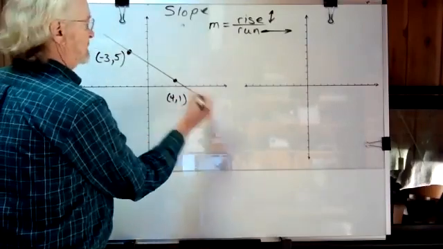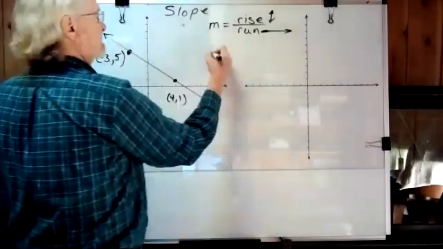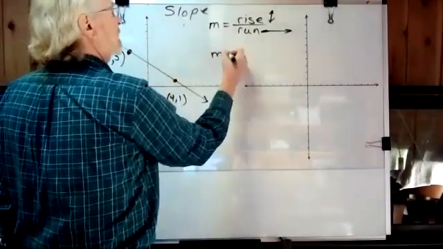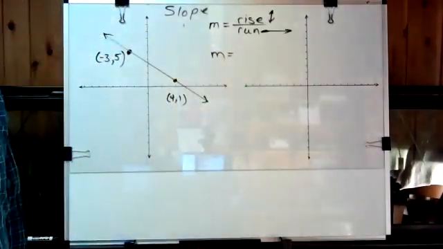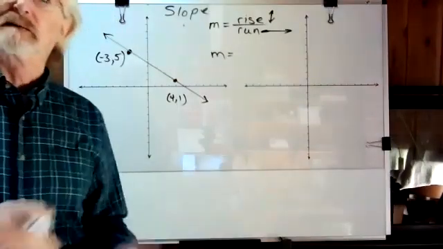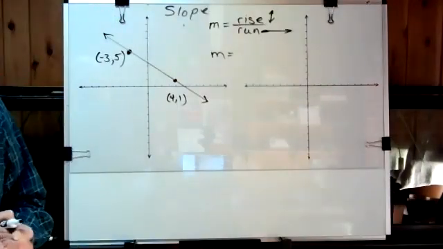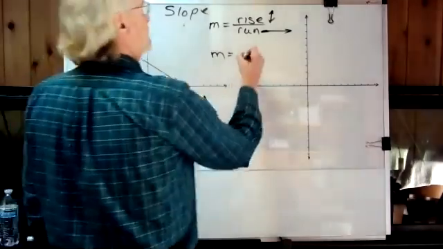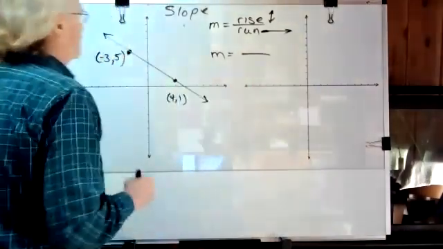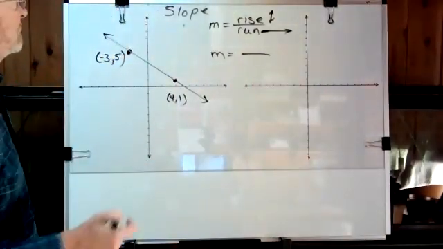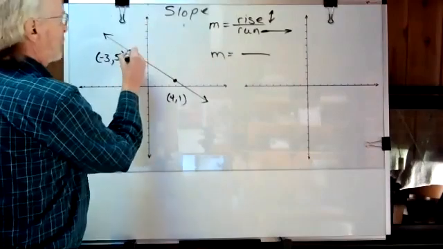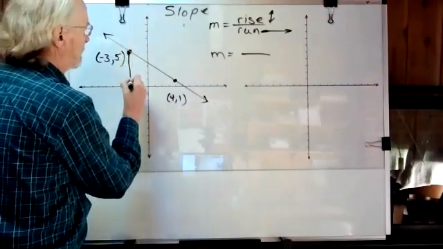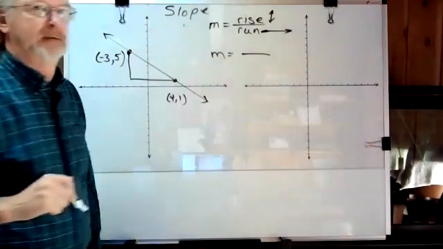Now, just qualitatively, what's the quality of this line? It's going downhill. I expect this number to be a negative slope, right? A negative slope. Drawing my triangle this time, I'm going to go this way and that way.